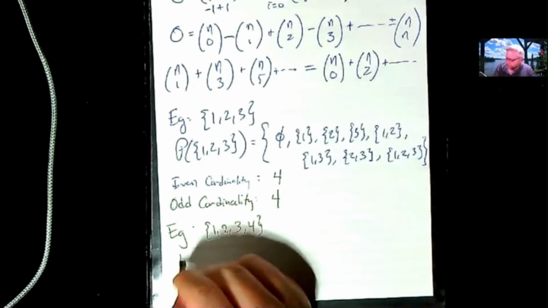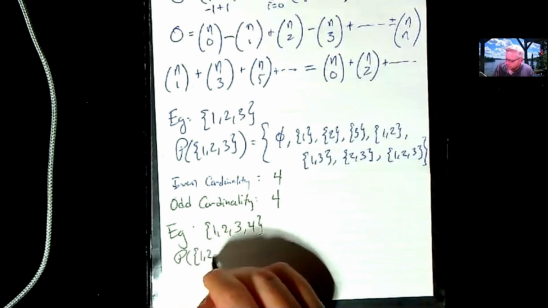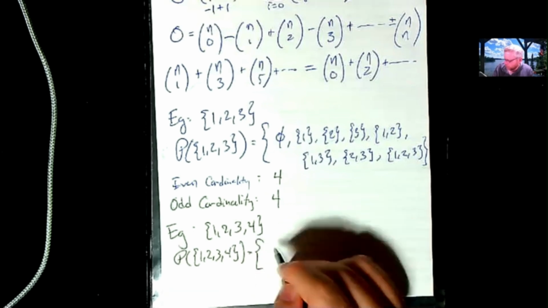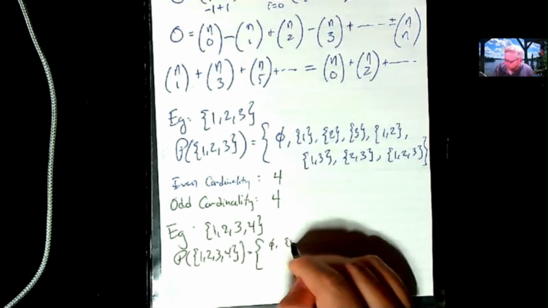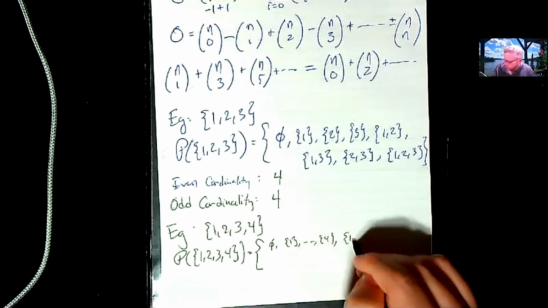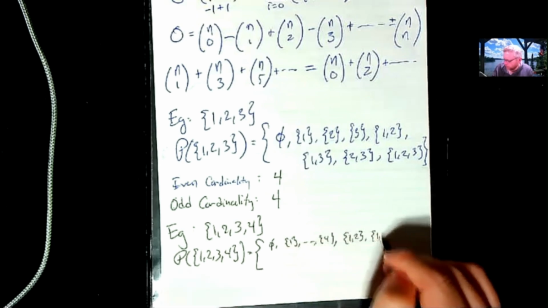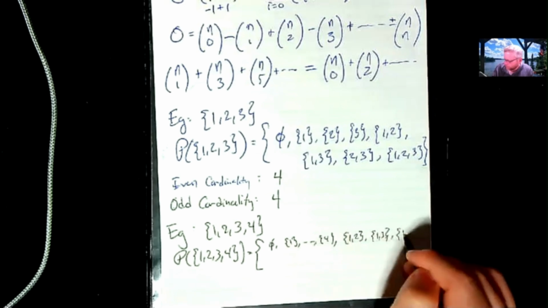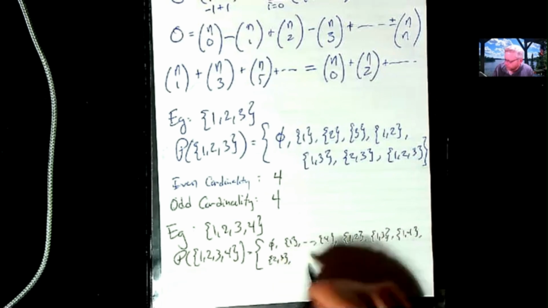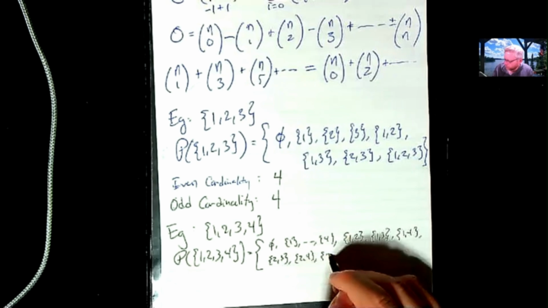1, 2, 3, 4. The power set is the set of all subsets. So we got the empty set, we got the set 1 all the way to the set 4. We got the set 1, 2, the set 1, 3, the set 1, 4. We got the set 2, 3, the set 2, 4, the set 3, 4.